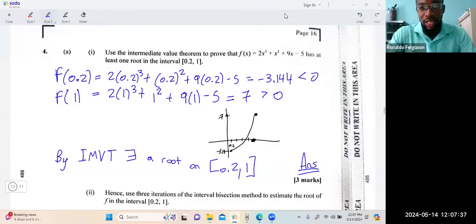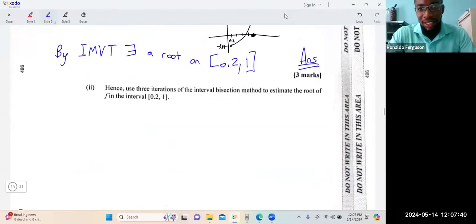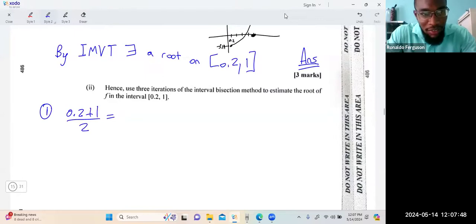Now it says use 3 iterations of interval bisection to estimate the root. The first bisection: 0.2 plus 1 over 2 equals 0.6.